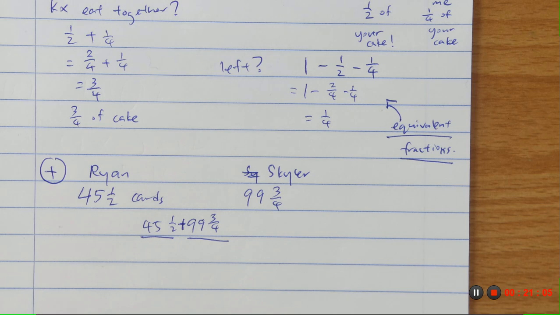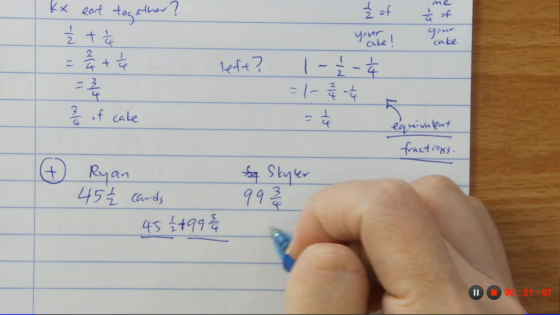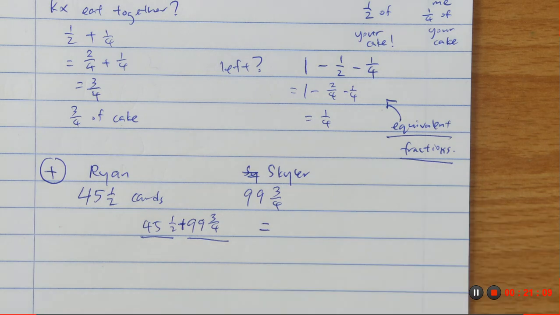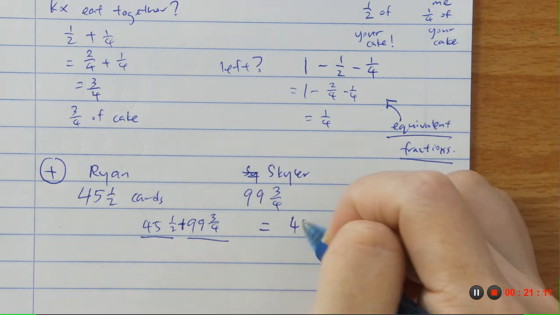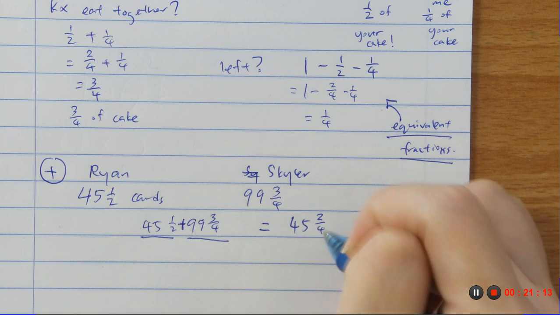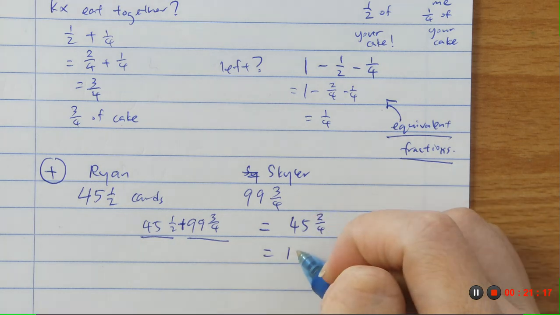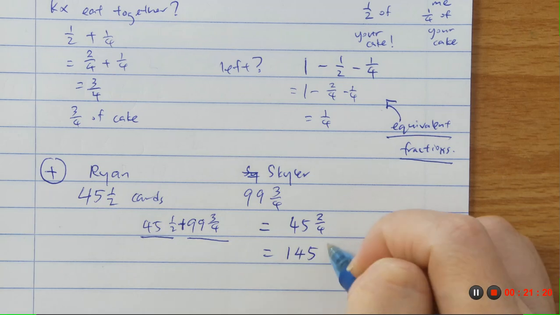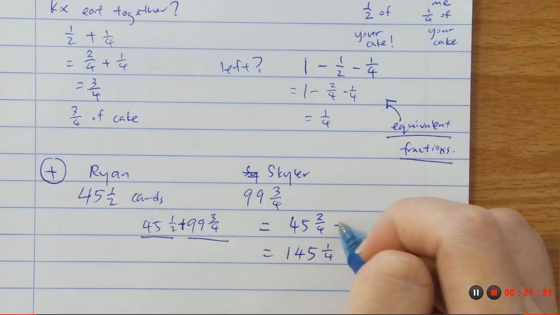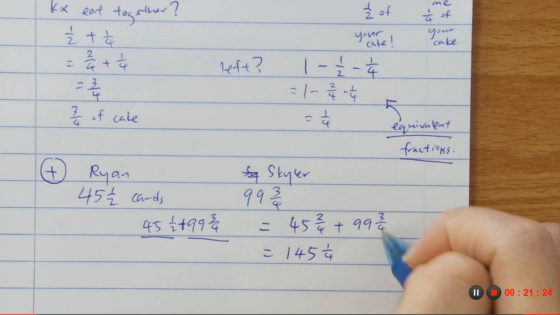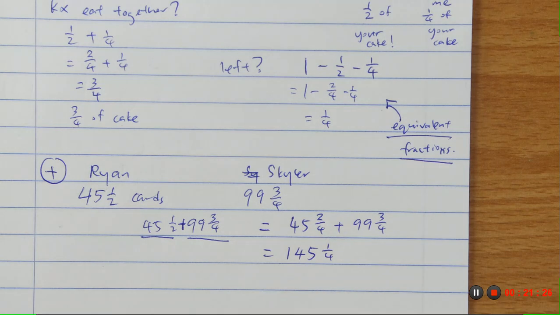I will use my mental calculation. Is it correct? What's the answer again? 145 and 1/4. This is a calculator question. Keep your calculators on the table because you need them for the next questions.